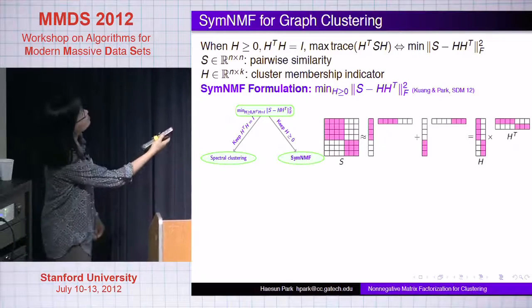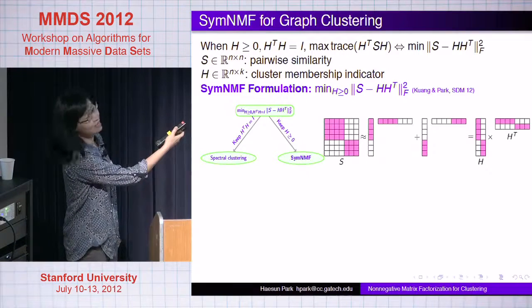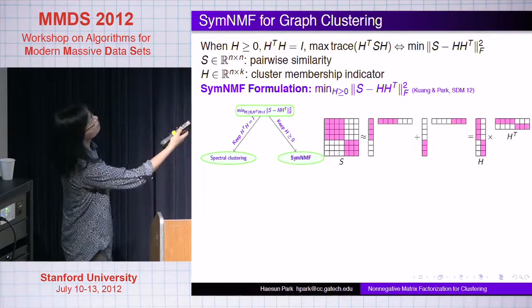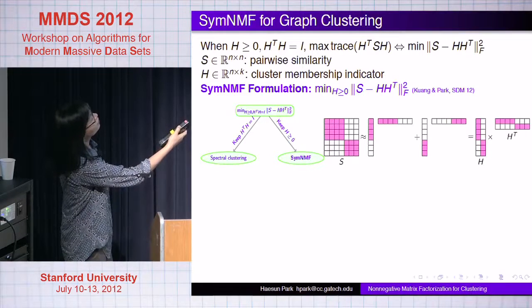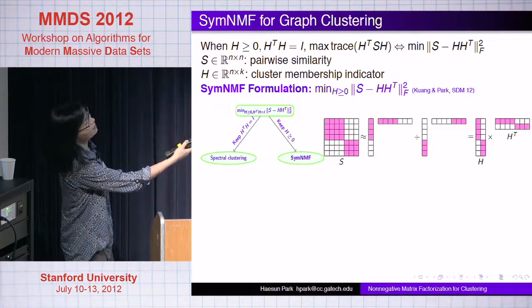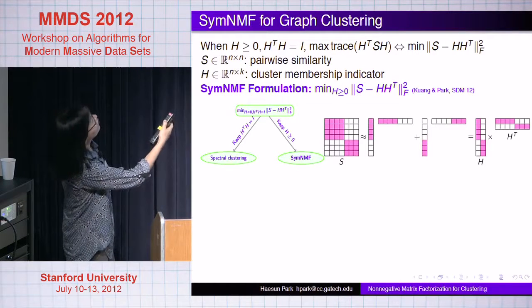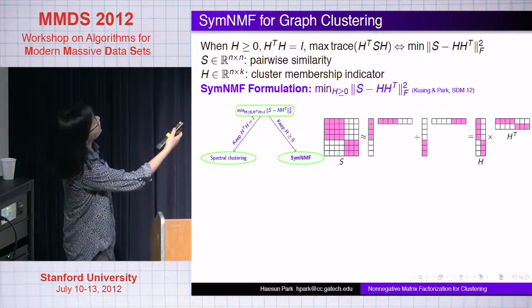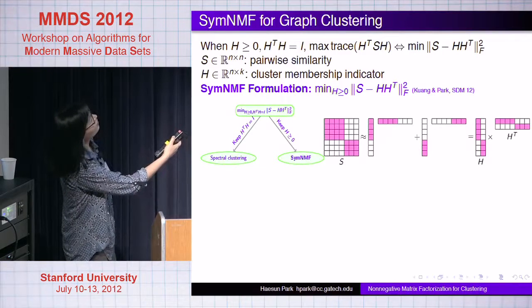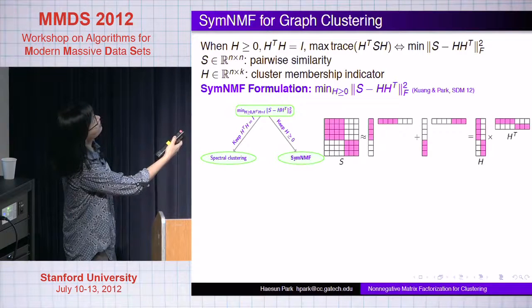Okay, similarity matrix. Depending on how the similarity matrix is formed, you will have a different graph clustering algorithm. But it's formed this way, and under this condition, that is the same as this problem, where S is the pairwise similarity and H is the cluster membership indicator. In spectral clustering, what they do is relax this condition.